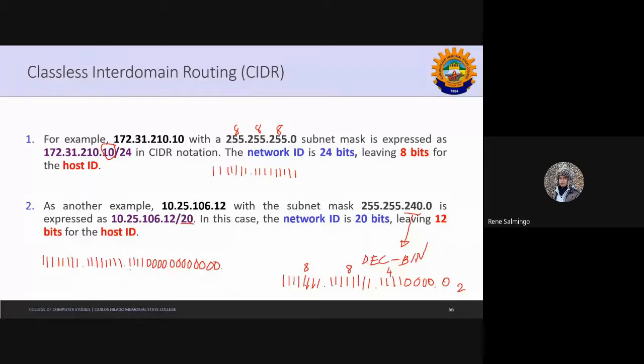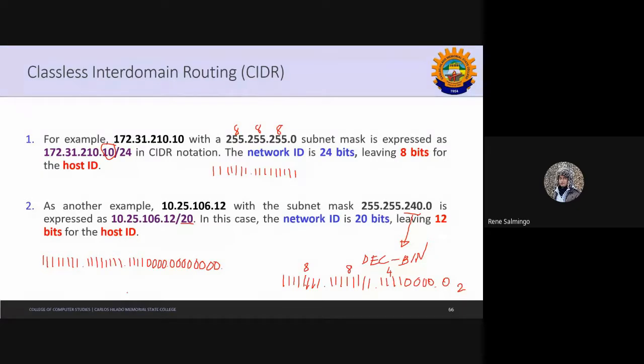And this is your network ID, so this is your 20-bit network ID. So first, you need to convert this from decimal to binary, and it will determine the number of host bits and your network ID.